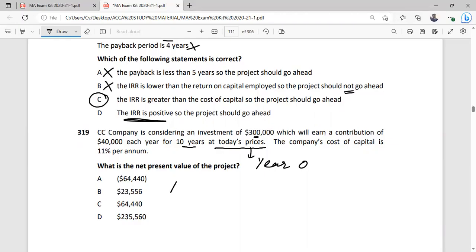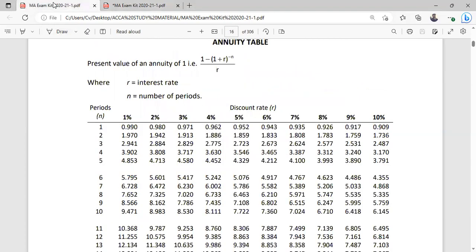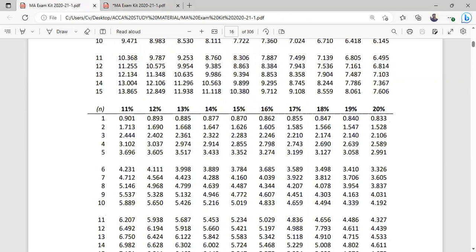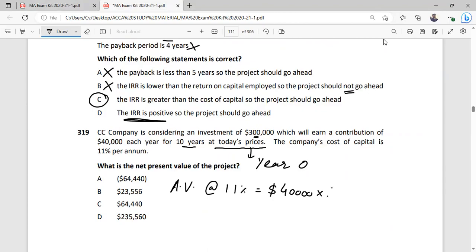So we will simply calculate the annuity value at 11%, equal to annual cash flows of 40,000 into the annuity factor at 11% for 10 years. So 11% and 10 years is 5.889. You can multiply 5.889 with 40,000.